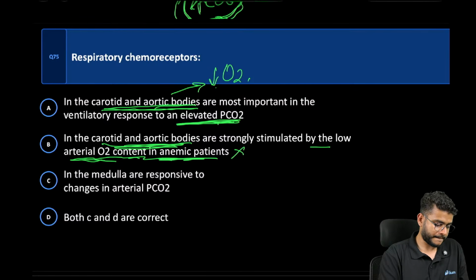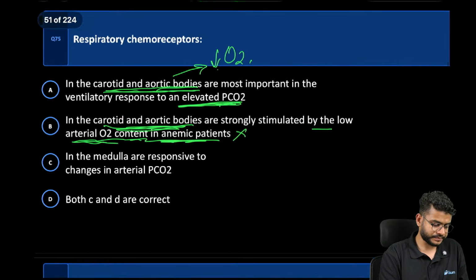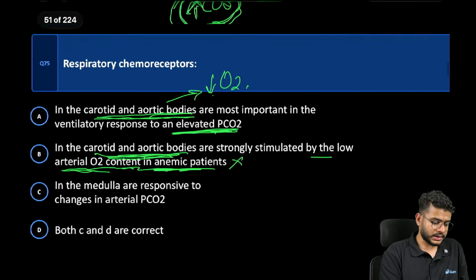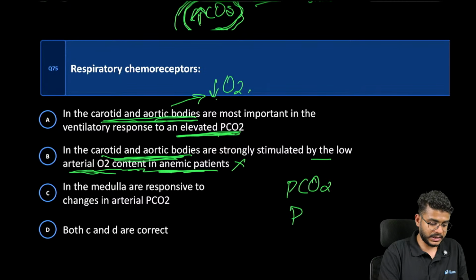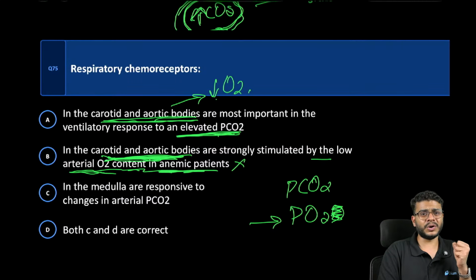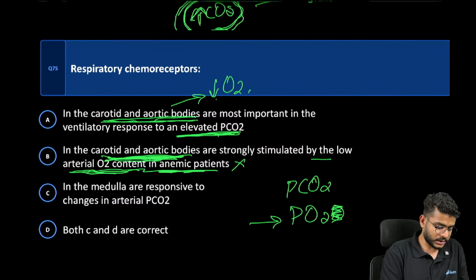No, in anemic patients, see, they monitor the PCO2 and PO2. The peripheral chemoreceptors monitor the PO2, which is the dissolved oxygen, not that which is combined with the hemoglobin. So not arterial O2 content.